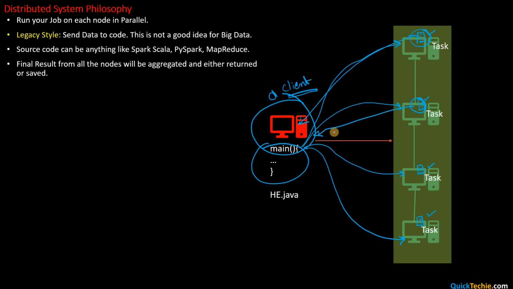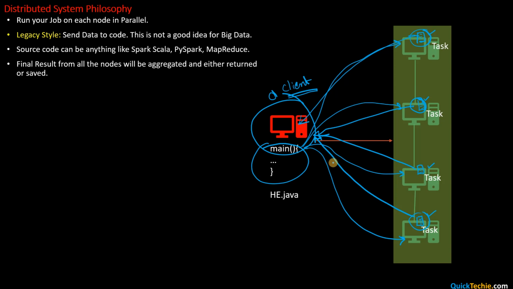Do you see, in the big data world, is it possible? Obviously it is not possible to send data to a single node because it cannot handle that volume of data. So rather than sending data, you are sending code to the data. That is the very important difference you should remember, and you would see this question in your interview as well: what is the philosophy in the big data world now?